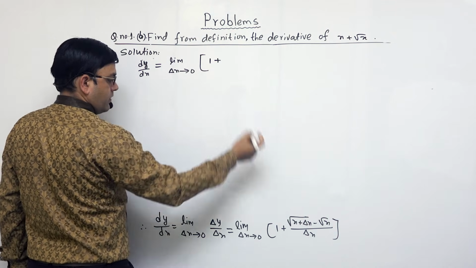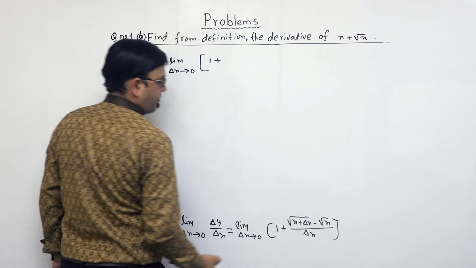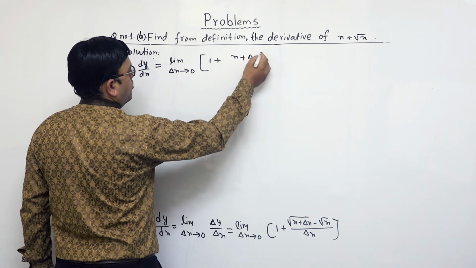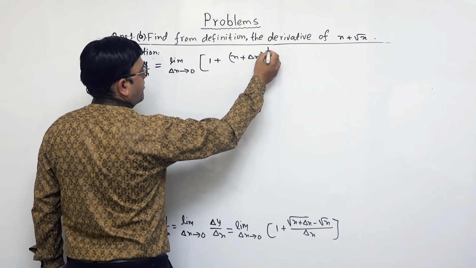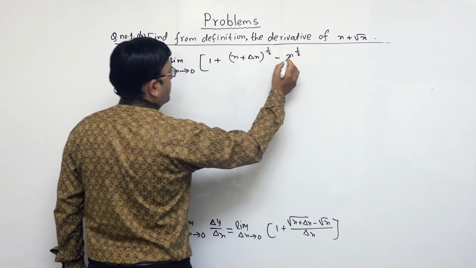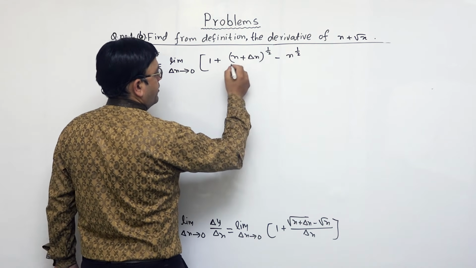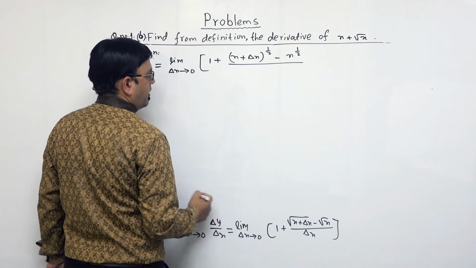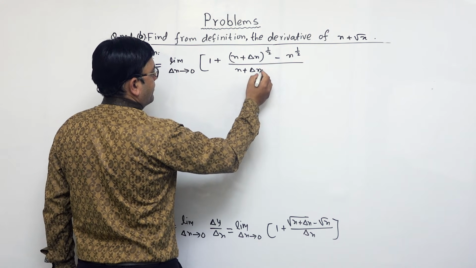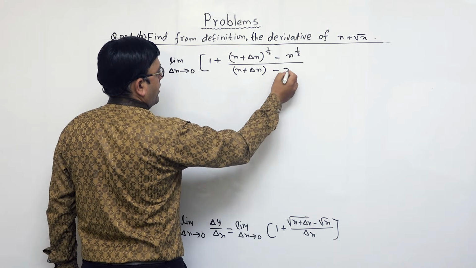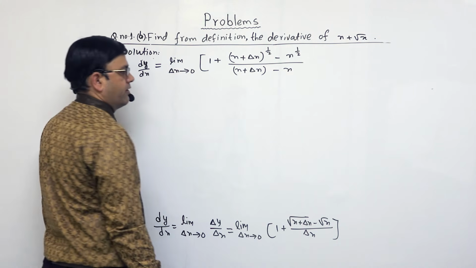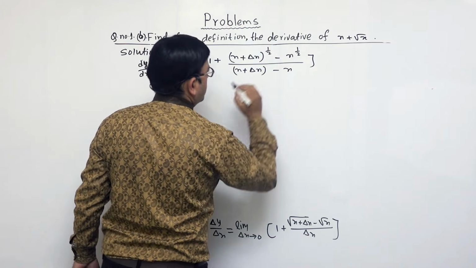Limit del x tends to 0 of 1 plus root under x plus del x. यसलाई हामी हेर्नुस् त, root under means we can write power 1 by 2, and then minus x to the power also 1 by 2, this divided by del x. Here x plus del x minus x, the x cancel and there remains del x नै बाँकी रहन्छ. हामीले यसलाई क्लोज गर्यौं.